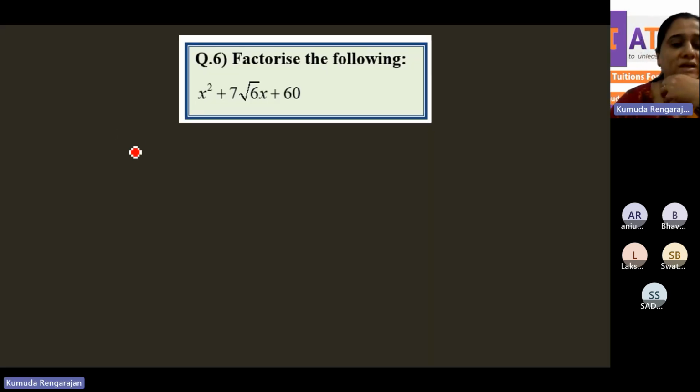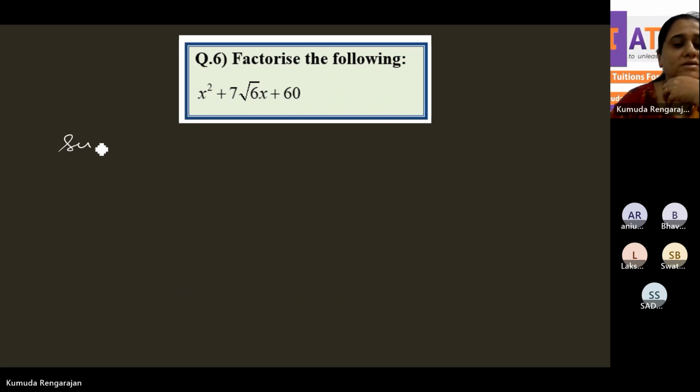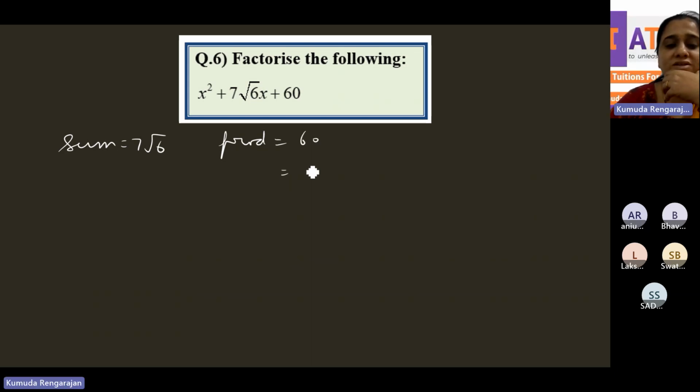So I was telling you with the product. The sum is 7 root 6. The product is 60. And 60 is 2 into 2 into 3 into 5.